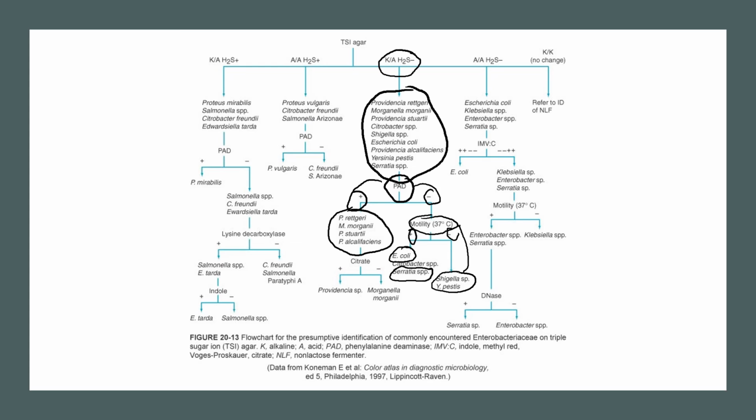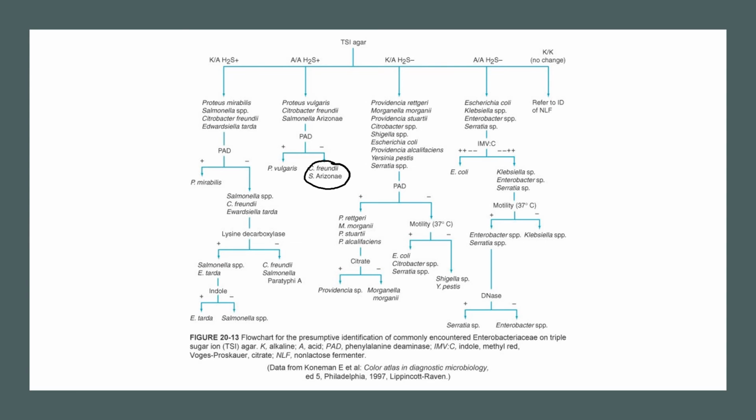But Serratia, if you incubate it a little longer, will eventually ferment lactose, and your TSI will appear as acid over acid. So that is a unique characteristic of Serratia. But you can easily test for Serratia with what test? With the DNase test. Okay?